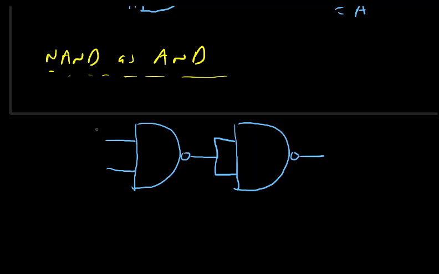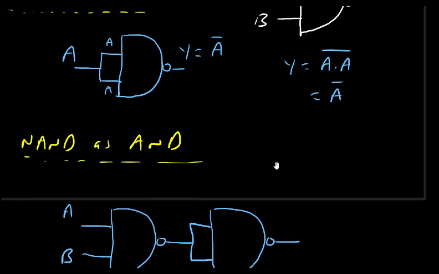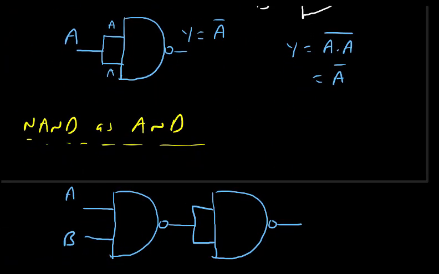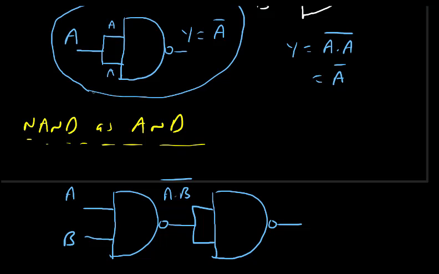Now let us analyze this. Suppose A and B are the inputs. The first NAND gate output is A and B the whole bar. Previously we saw that a NAND gate whose inputs are shorted acts as a NOT gate, so this second gate is acting as a NOT gate.